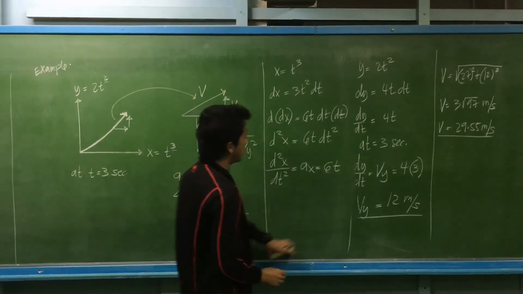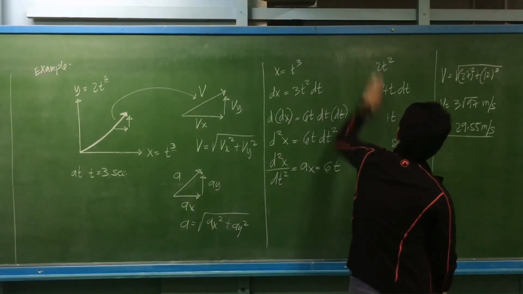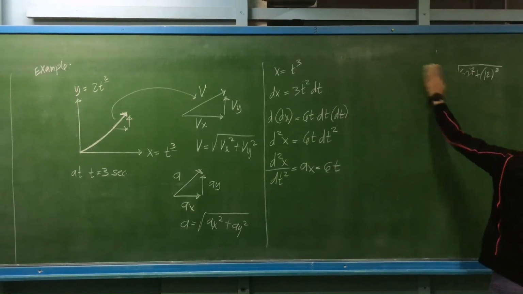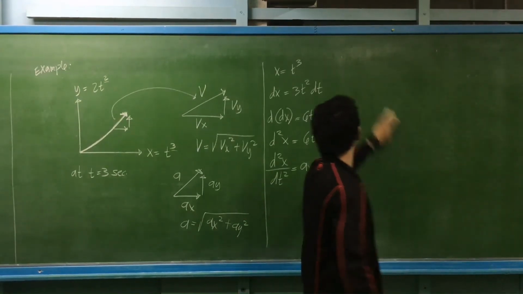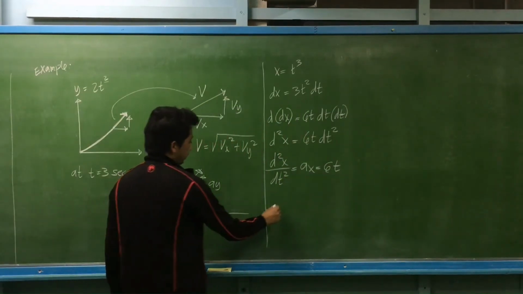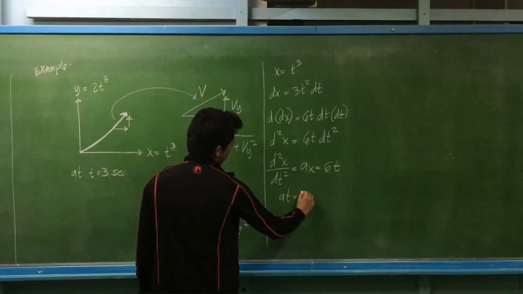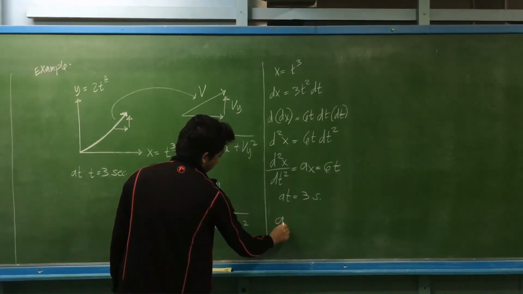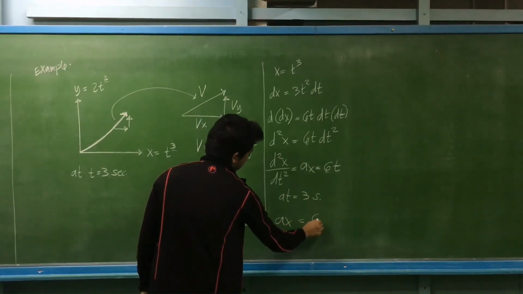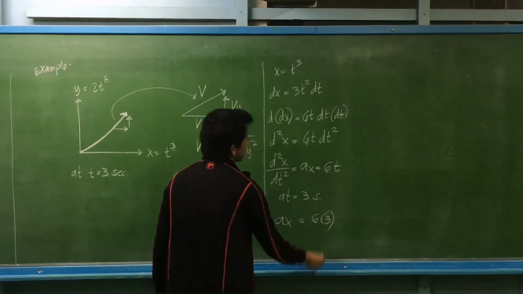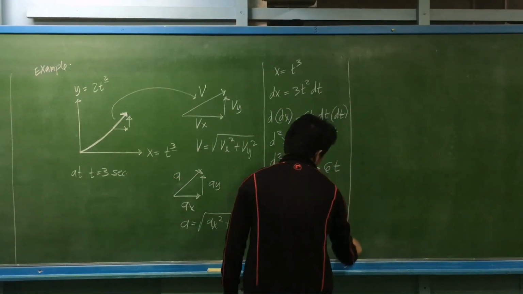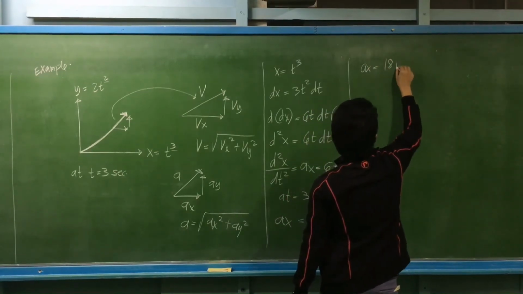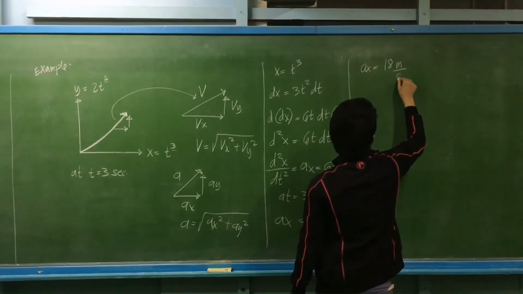So we have the value of time, that is at time equal to 3 seconds. So we have the acceleration along x will be equal to 6 times 3. So the acceleration along x will be equal to 18 meters per second squared.